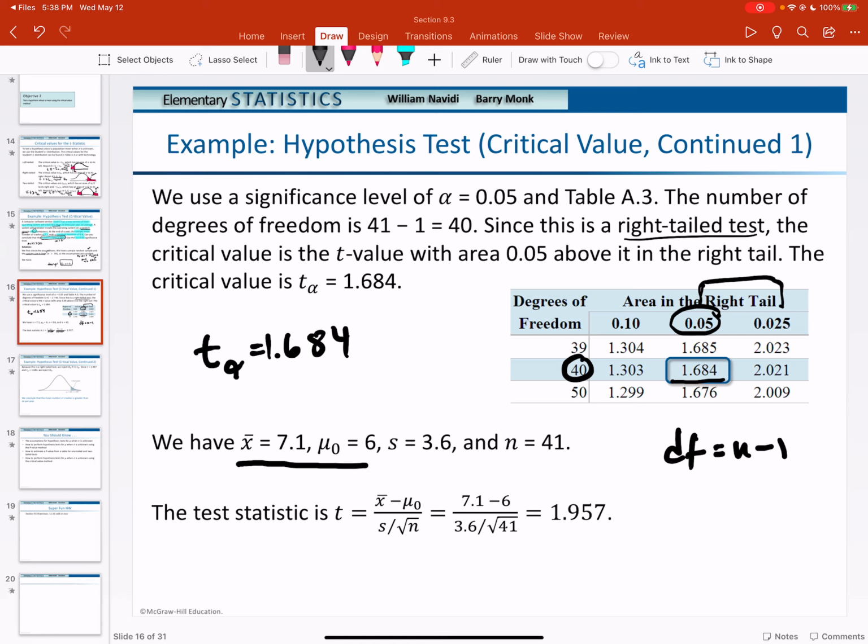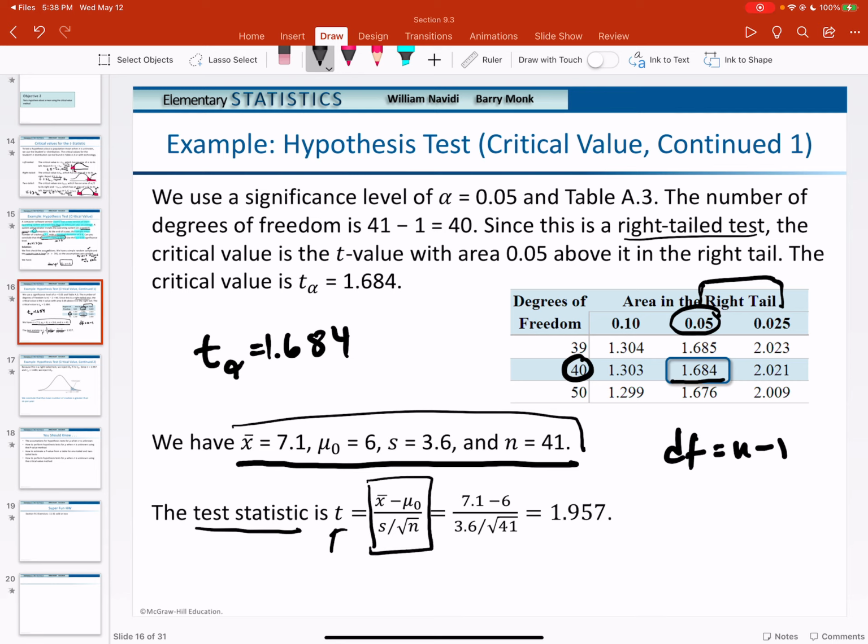From the problem, we have x bar, the initial mu, S, and n. Now to find the test statistic, we plug x bar, mu sub 0, S, and n all into this equation right here. You can put that in the calculator.